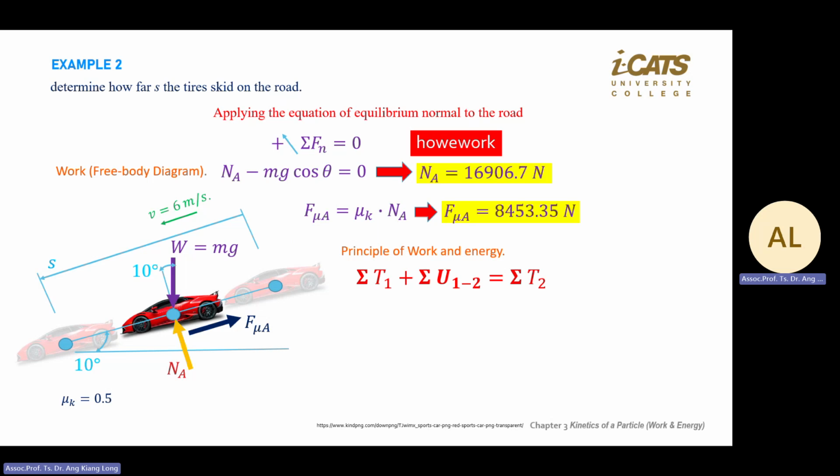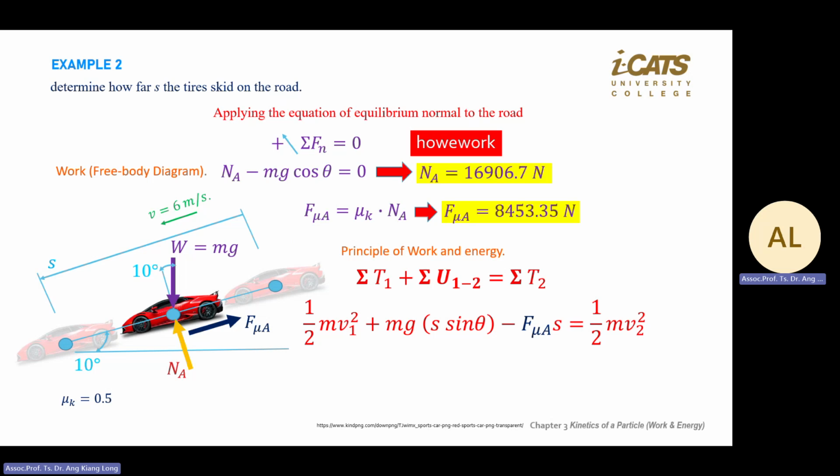But you can put kinetic on one side, work on one side, no issue. Then you put in all the equations. Kinetic is half m v square 1. On the left means before, all the parameters before. U1 to 2 is all the work done between before and after.